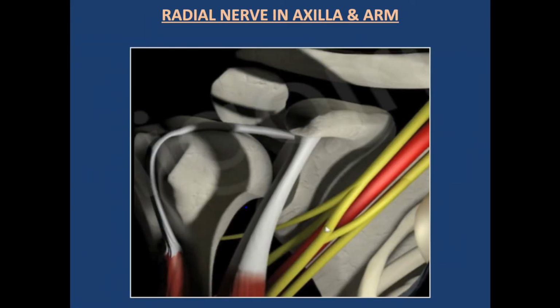This is the diagram showing the brachial plexus around the axillary or brachial artery. We can see the posterior cord behind the axillary artery and then brachial artery, and the nerve behind it is the posterior cord and then it continues as the radial nerve.